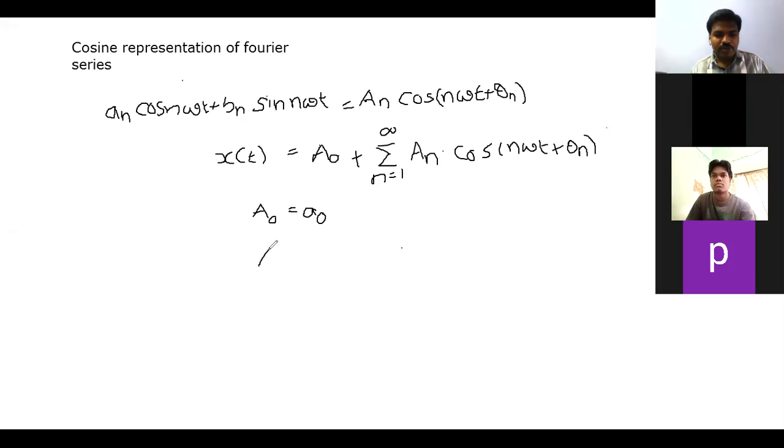So later, an is equal to square root of small an square plus bn square.